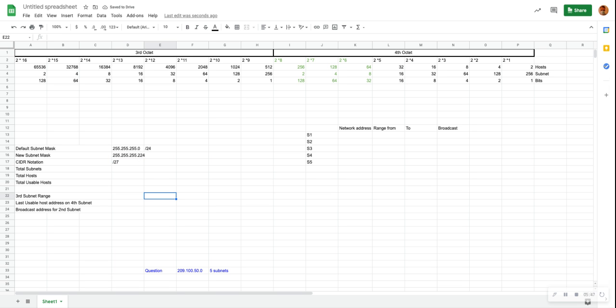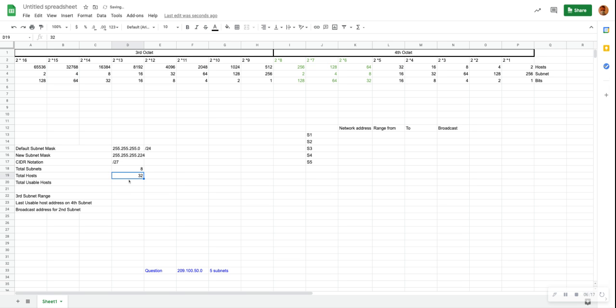Okay, so the total number of subnets I have, because I can't just have 5, I've got to have 8 because 5's not available. So I have 8 available subnets, and the total number of hosts would be 2 to the power of 5, so 32.